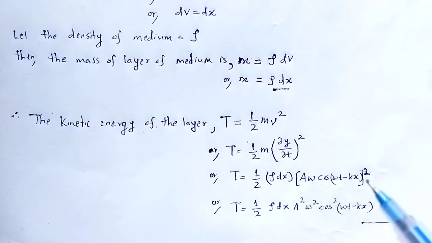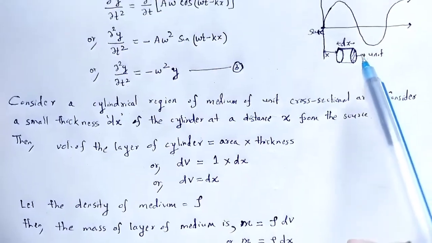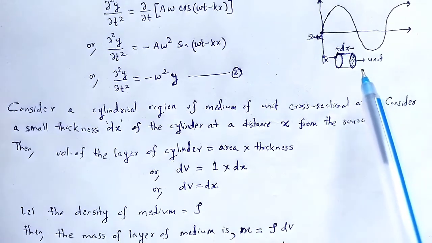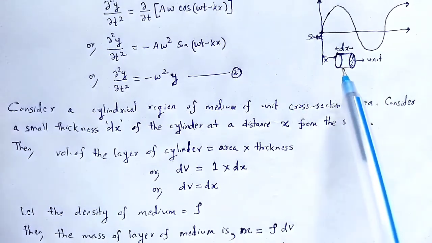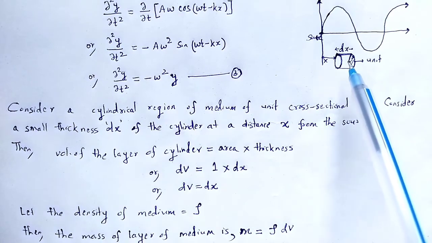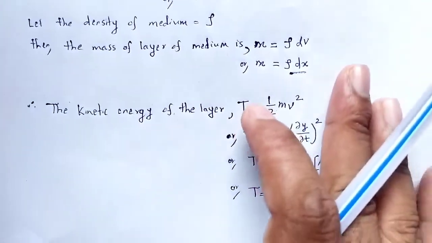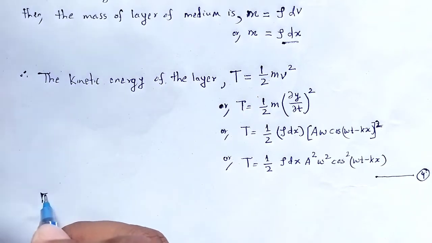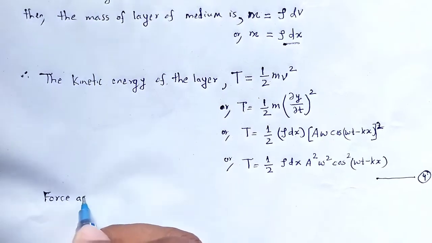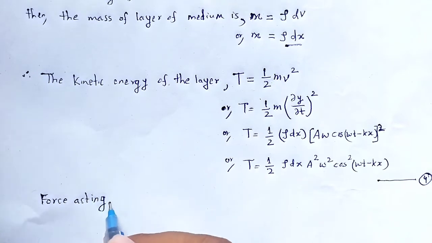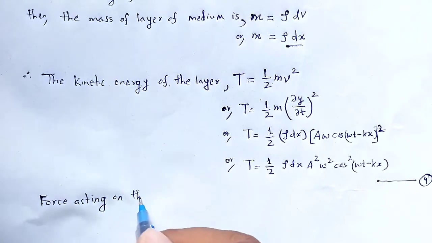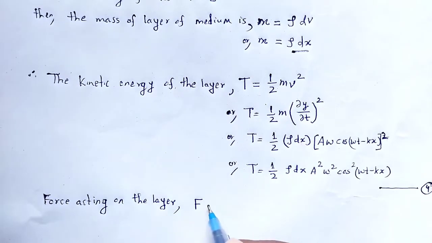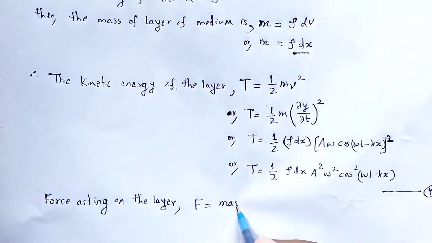Then we calculate the potential energy of the layer of medium. To calculate the potential energy, first we calculate the force acting on the layer. The force acting on the layer, F is equal to mass into acceleration.